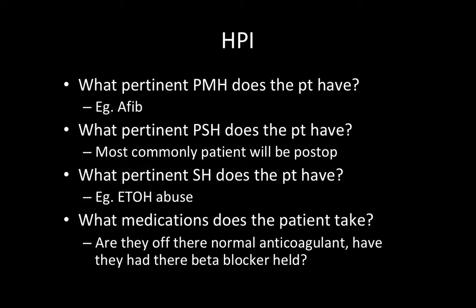What type of social history does the patient have? Do they have a history of alcohol abuse or drug abuse? And finally, what medications does the patient take? Are they off their normal anticoagulant that they take for their heart stents? Have they had their beta blocker held? All important things to think about when you're faced with the scenario of a patient with hypotension and tachycardia.